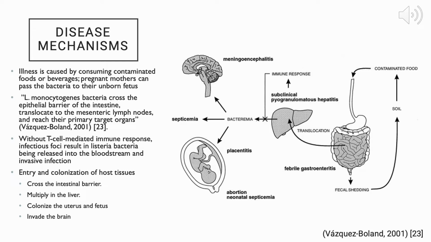Without T-cell mediated immune responses, infectious foci result in Listeria bacteria being released into the bloodstream, and invasive infection occurs. Entry and colonization of host tissues, meaning that they cross the intestinal border, multiply in the liver, colonize the uterus and fetus, and invade the brain.